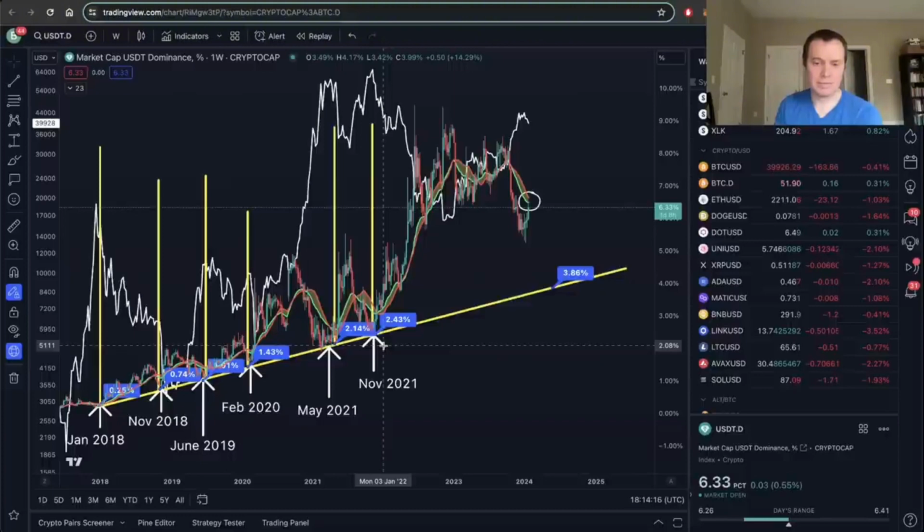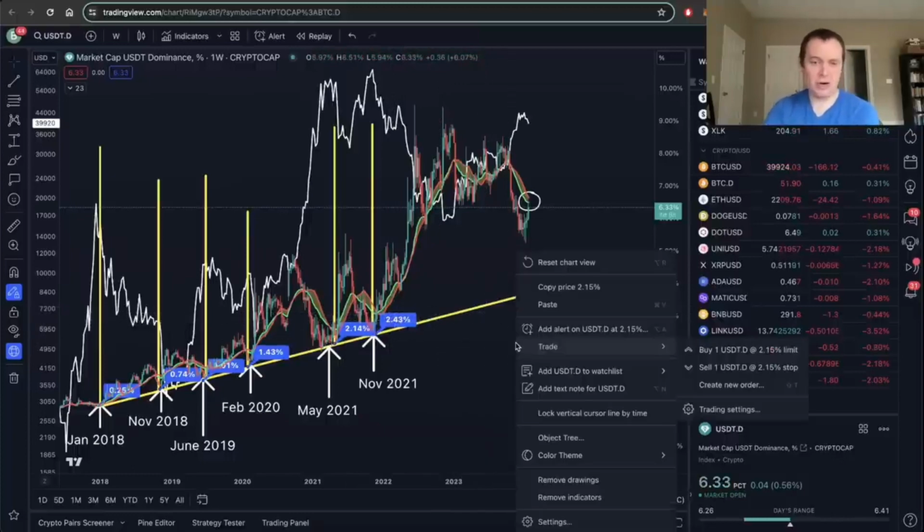Now, there's a caveat to this, and I would be remiss if I didn't at least mention it, because this is a linear scale. And that's certainly one way to look at it. In fact, I think it is the more worthwhile way to look at it. I think looking at percentages on a log scale doesn't really make a whole lot of sense.